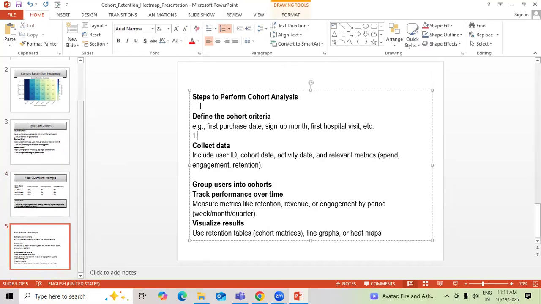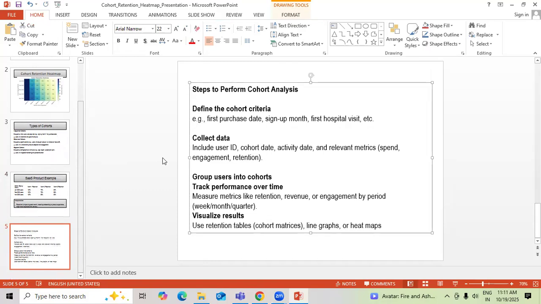Now, the steps in performing cohort analysis are these. One is to define the cohort criteria. For example, a first purchase date, a sign-up month, or a patient's first hospital visit. The criteria must be defined; that is important to perform cohort analysis.